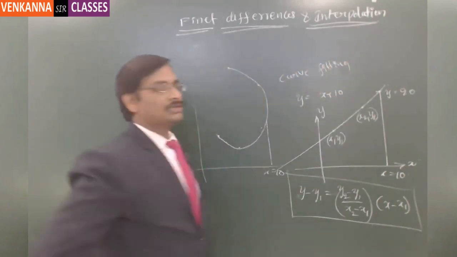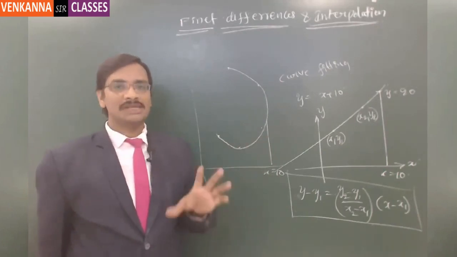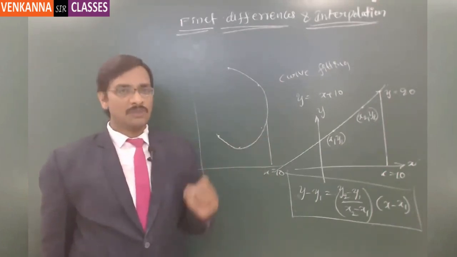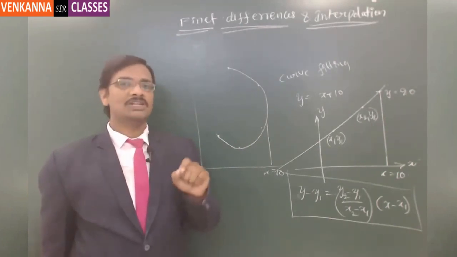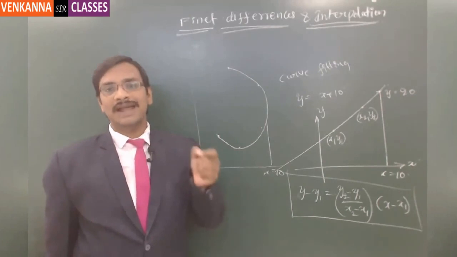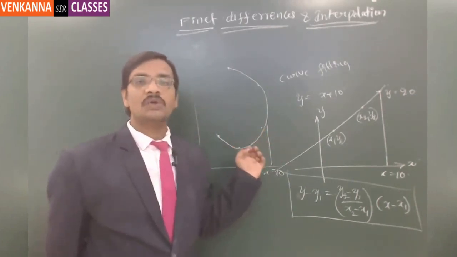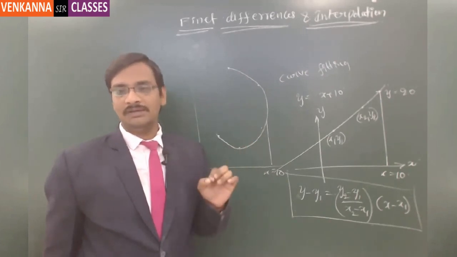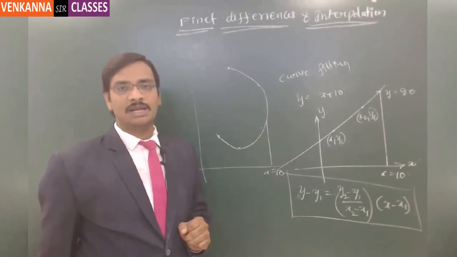Interpolation or extrapolation is also one kind of curve fitting, where if you have a set of tabulated data, from there you try to find the value of y for a corresponding value of x for which the data is not available. That essentially means we are trying to find an unknown value of y for a given value of x with the help of interpolation.